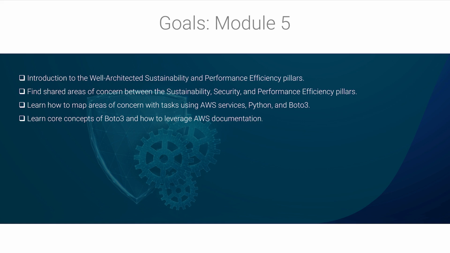And then we're going to map those automation scenarios to AWS services and Python and Boto 3 resources. So we'll get an idea of what we would need to actually implement a solution. We'll also look at a couple of working solutions in this section to see tools that we can use to get started with automating sustainability and performance efficiency.